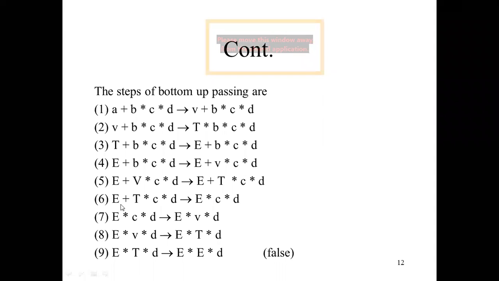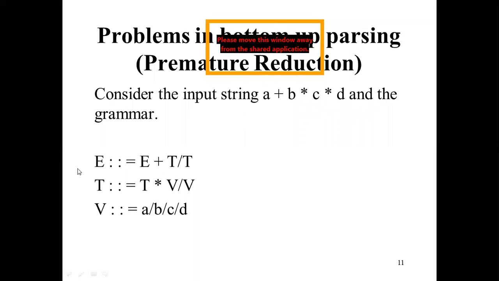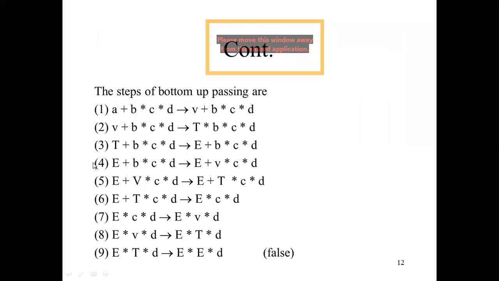This is step number 6: E plus T star C star D. And we have replaced this E plus T by capital E. From where are we replacing this? From the preceding grammar. We replace E plus T by E. So in step 6, we are writing E plus T as capital E by using the preceding grammar.